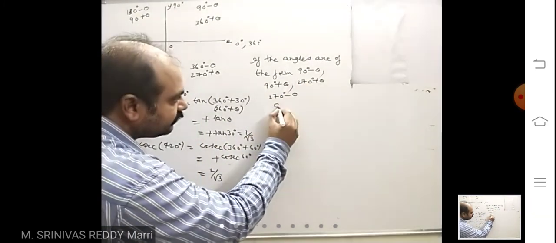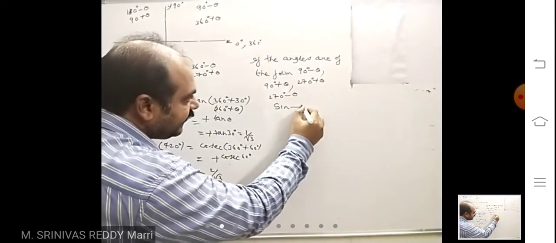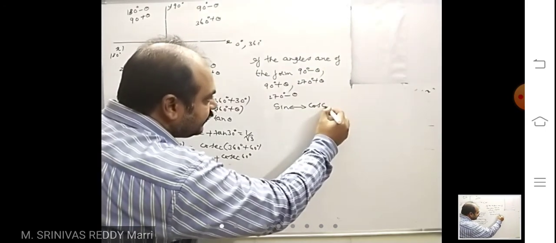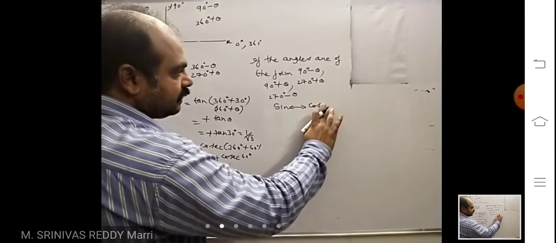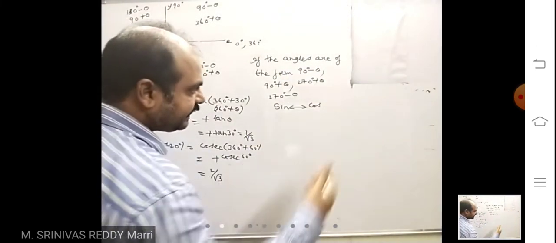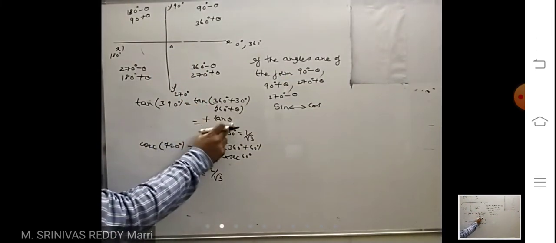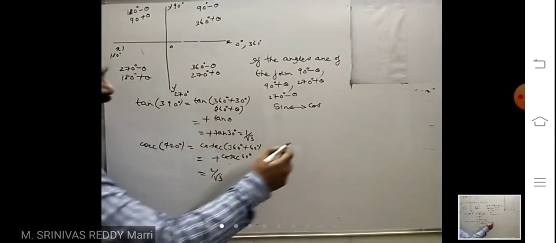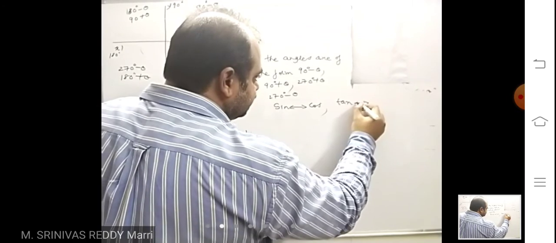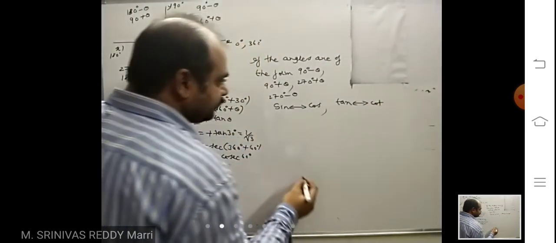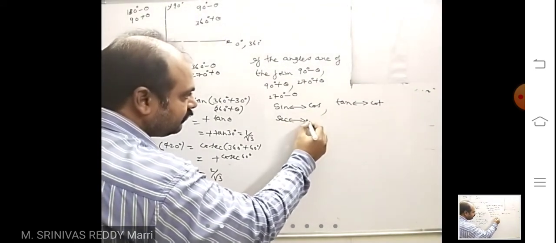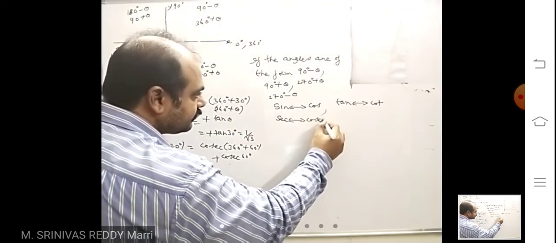Now look at sine. Previously you wrote sine only. Now if sine is there, you have to write cos. If cos is there, you have to write sine. Previously if tan was there, you wrote tan theta. Here you have to write cot theta. If tan is there, you have to write cot. If secant is there, you have to write cosecant.